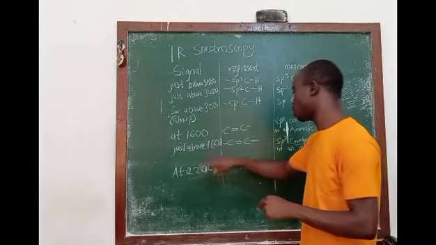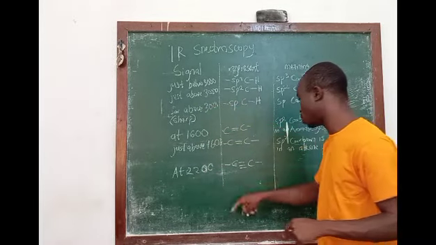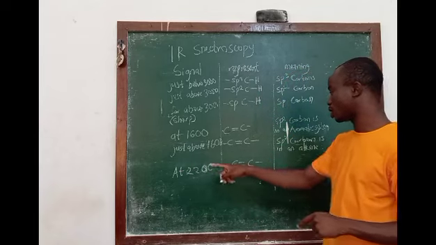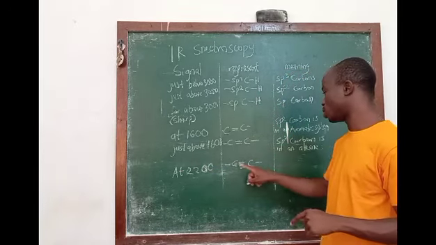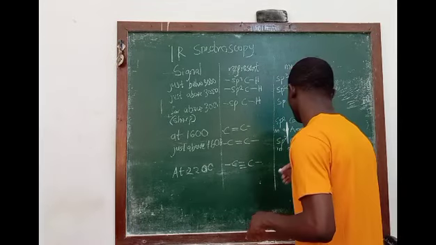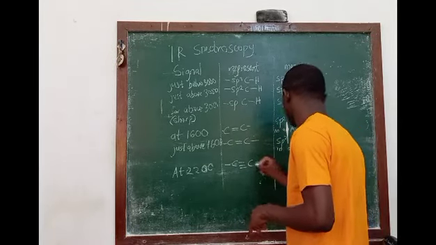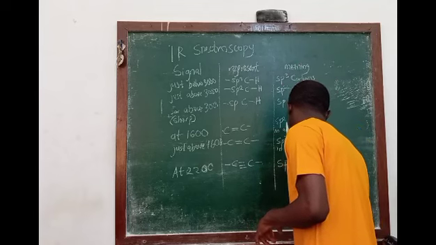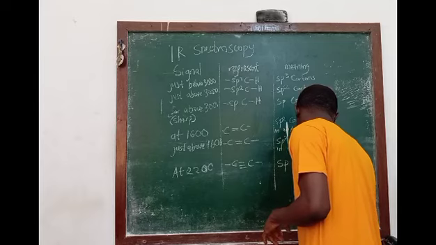So at 2200, that signal represents your C≡C stretching vibration, which implies that certainly you are having an sp carbon.